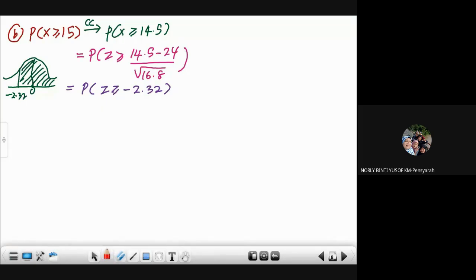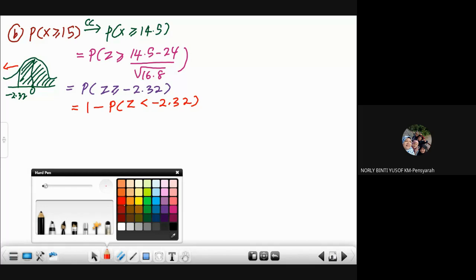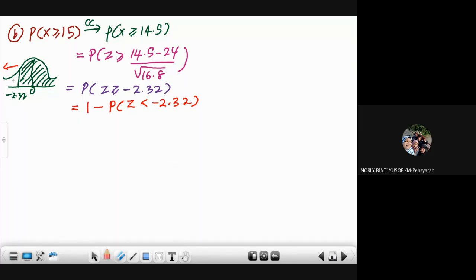So gunalah 1 minus Z. Patutnya lesser kan? Follow Z lesser than 2.32, tapi bila you understand this region sama dengan region 2.32. So symmetrical dia punya region. Kalau nak faham, dia buat anak panah kat sini. Jadi dia sama dengan 2.32 punya region kat sini. So that's 1 minus Z greater than 2.32.